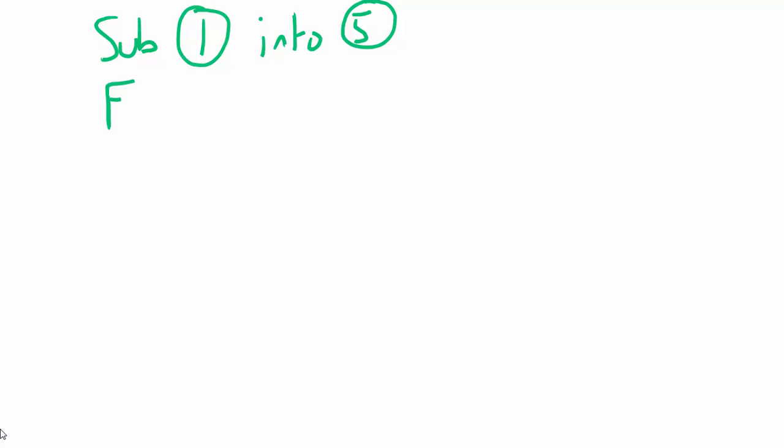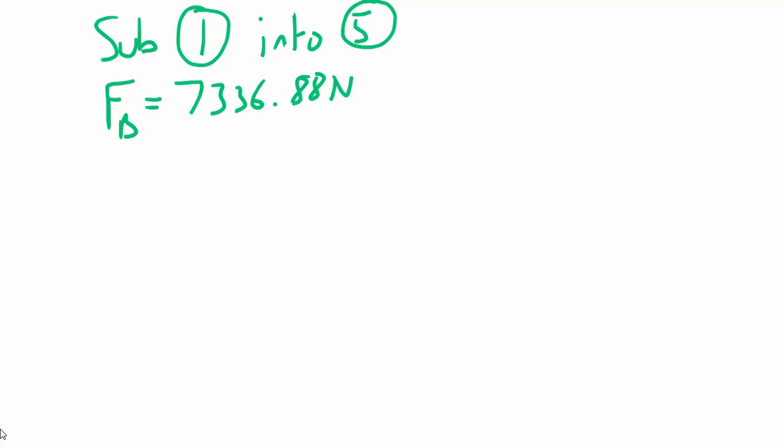I'll then substitute equation 1 into equation 5, and it's still all available step by step online. That will give me an equation with only FB in it, so I can solve for FB. FB equals 7336.88 newtons.